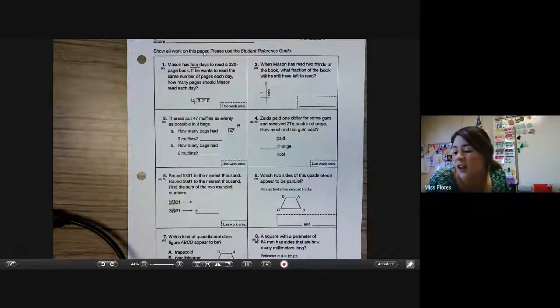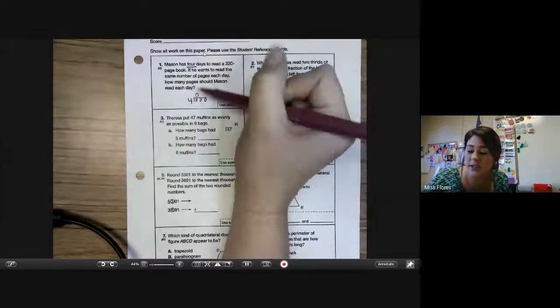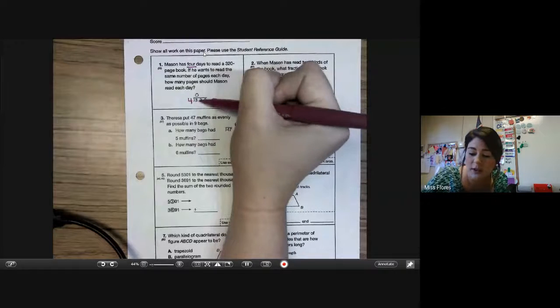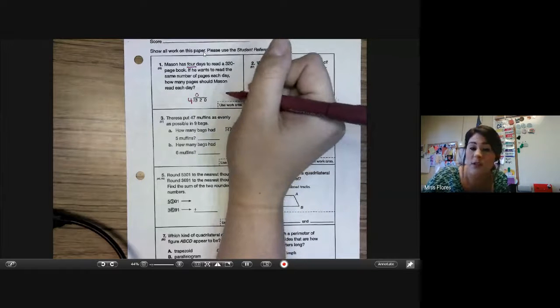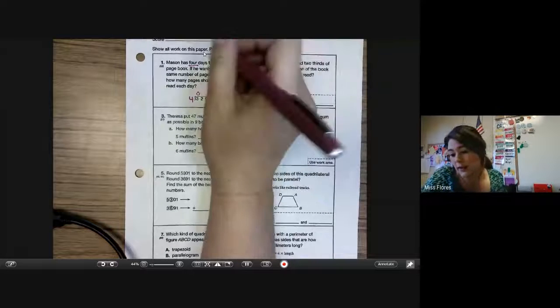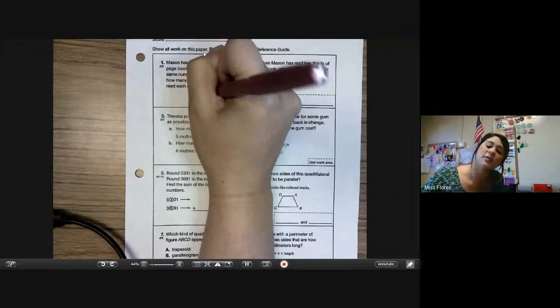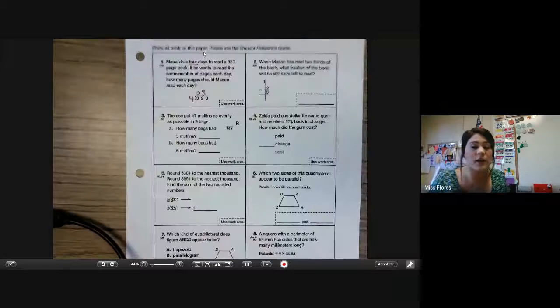All right, so 4 does not go into 3, so we're going to just put a 0 up here so that we know to skip on to the next place value, which makes it 32. So how many times does 4 go into 32? Well, you would need to count by 4s in order to get that, so go ahead and count by 4s. And hopefully you know that 8 times 4 is, in fact, 32.